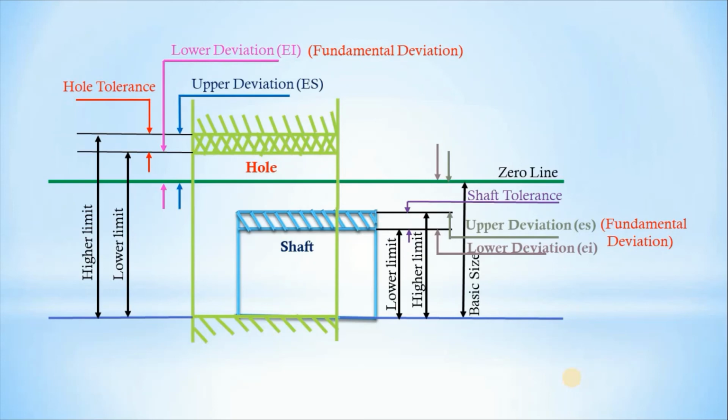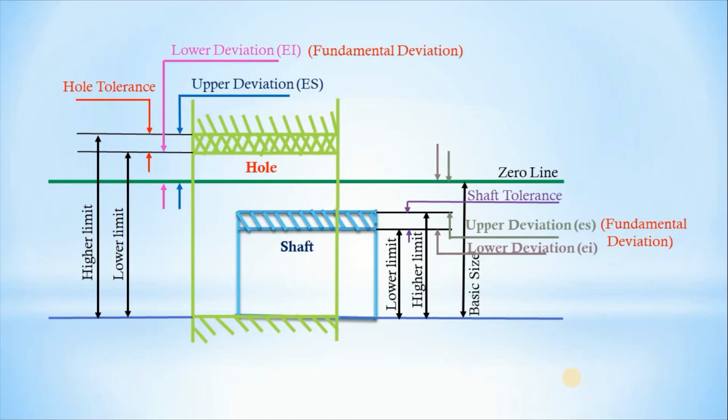So we can say that due to the inaccuracy we get from the manufacturing method, it is not possible to make any part precisely to the given dimensions, and it can only be made to lie between two limits, that is maximum and minimum. The difference between these two limits is called permissible tolerance.